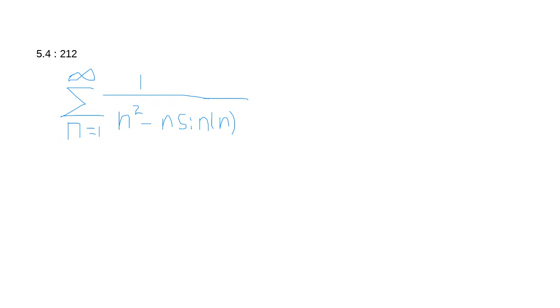So the intuition is we probably want to compare with a p series, right? Automatically we're thinking, okay, can I make a connection between those two? Can we compare with this guy?